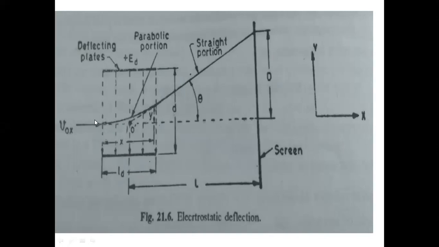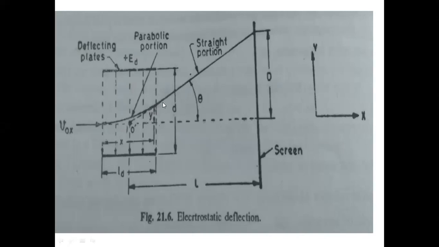Whenever the electrons enter these deflection plates, due to the applied potential they experience some acceleration, and due to that acceleration they change their velocity.